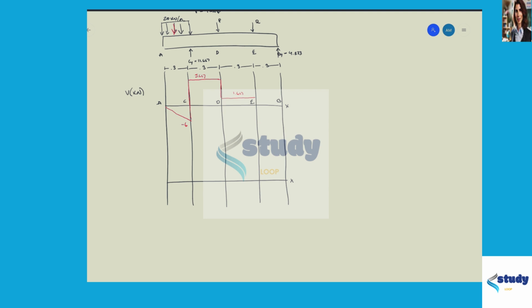And then 1.667 minus the force at Q, and we get negative 4.333. And then add that to our force from B, and we return back to 0.